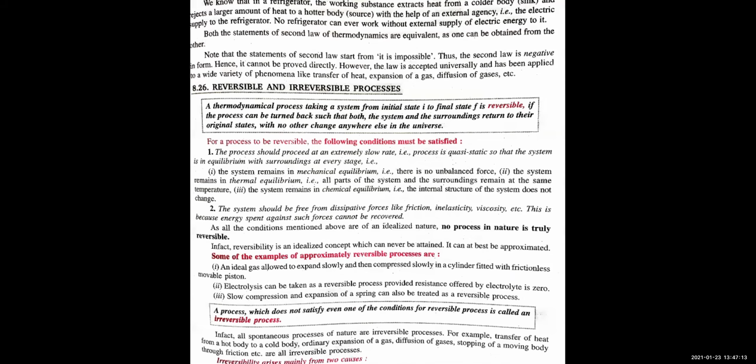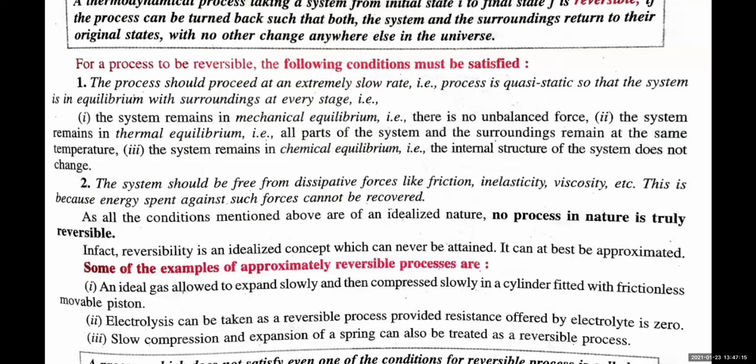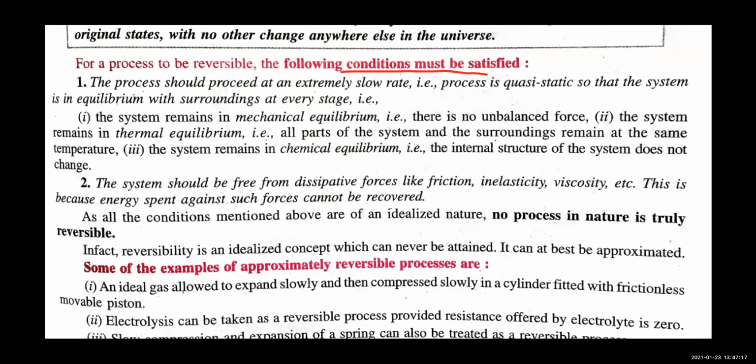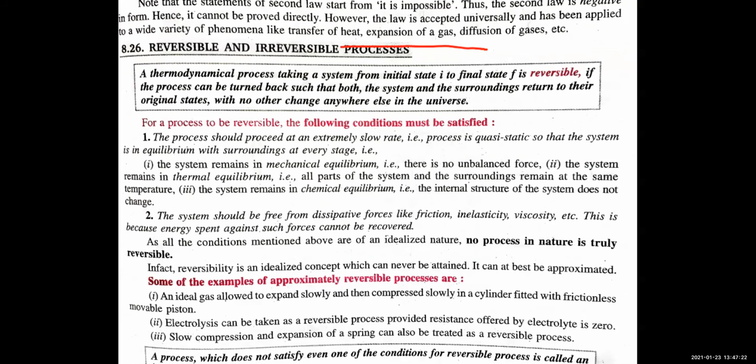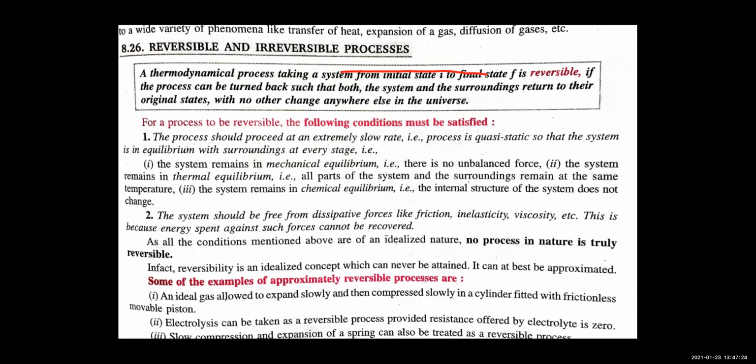For reversible processes, these are the conditions which need to be satisfied. The first condition is that the reversible process should take place extremely slowly. It should be quasi-static, meaning the difference between the first and the second step should be very small, so that at any time the system can return back.